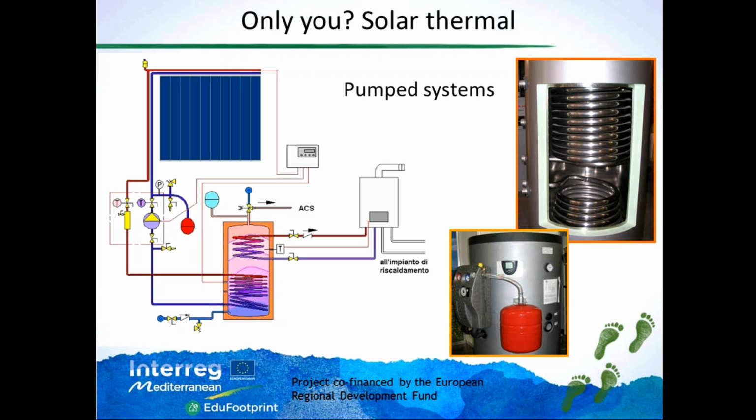So what the installer should do is just connect the solar in the lower part and the boiler on the upper part, and then the operation of such a system is completely automatic.